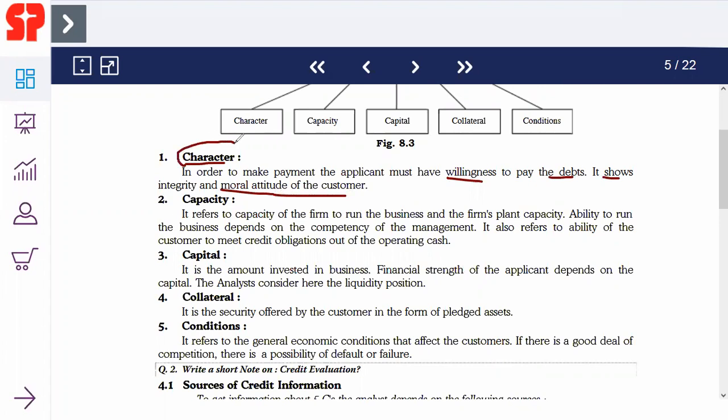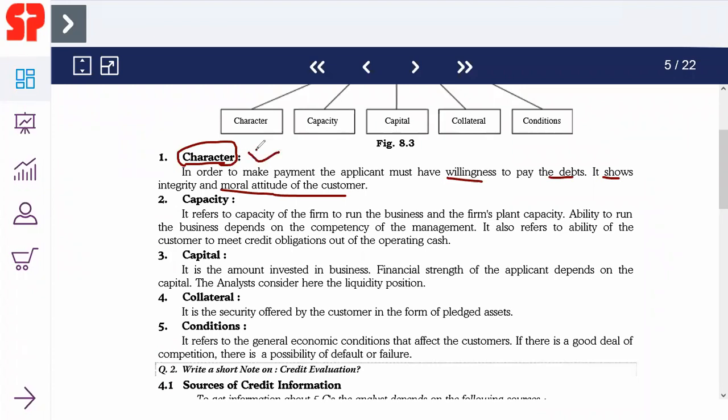So how can you come to know the character of the customer? By looking at his past data. So this first thing you have to see. For that purpose we have said that you should determine the credit standard properly, that is, to whom you should give credit. For that you should look at these 5 things.